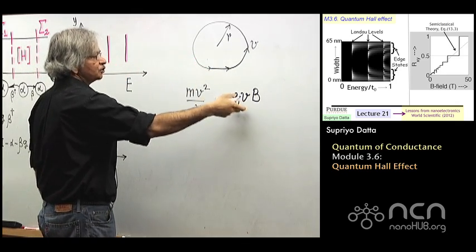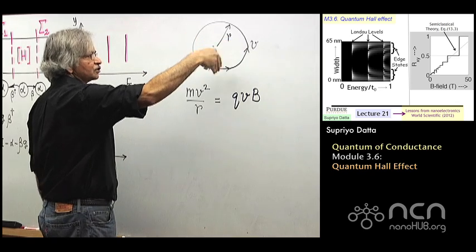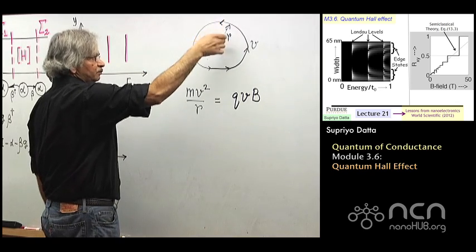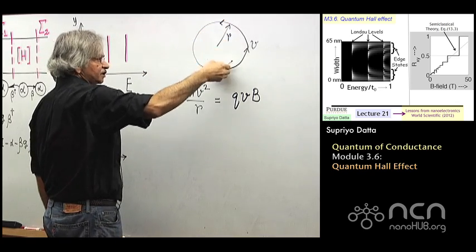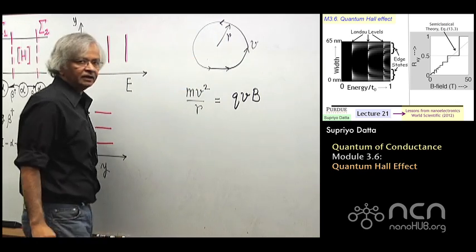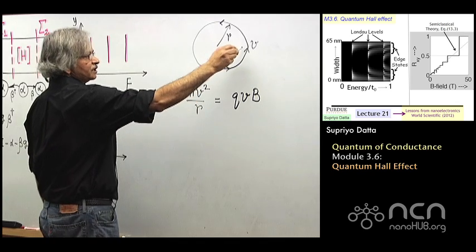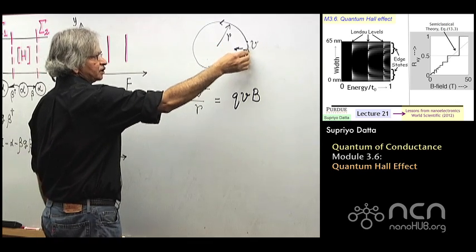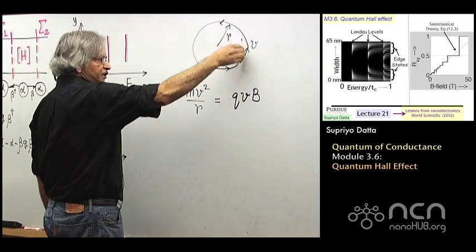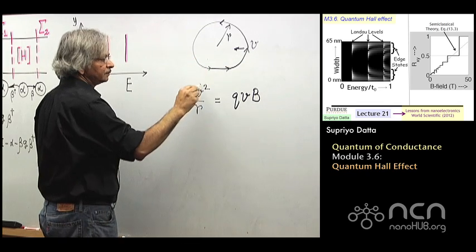And that force should be balancing the force providing this centripetal acceleration which is needed to make it go around in a circle. Now, this force is, of course, perpendicular to the direction of the velocity, just like what you need to make something go in a circle.